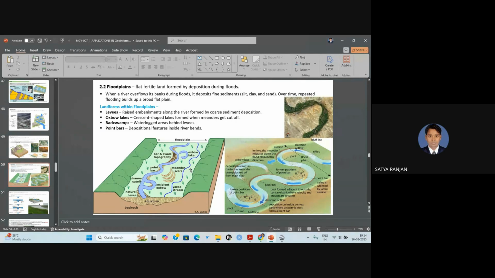So in the floodplain, various landforms are there like levees, oxbow lakes, back swamps, and point bars. Levees are generally raised embankments along the river, formed by coarse sediment deposits. So we'll go one by one.